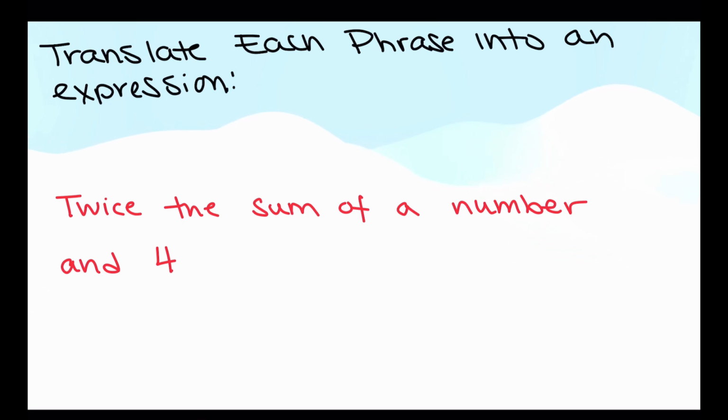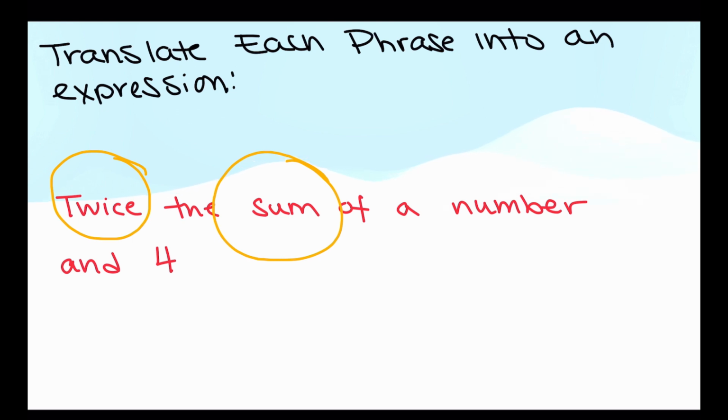All right, this next example has a couple things going on. It has the word twice, that means times 2. And I also see the word sum, which means addition. Notice that the twice applies to the sum. So this is telling me I am taking the sum of a number and 4 and then multiplying it by 2.